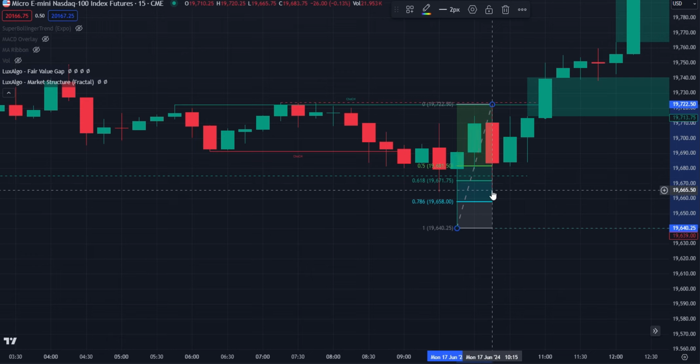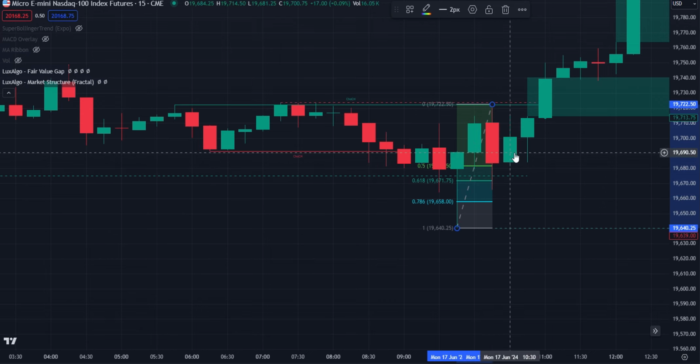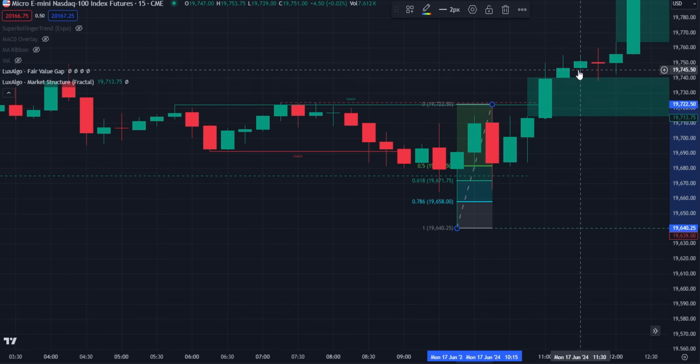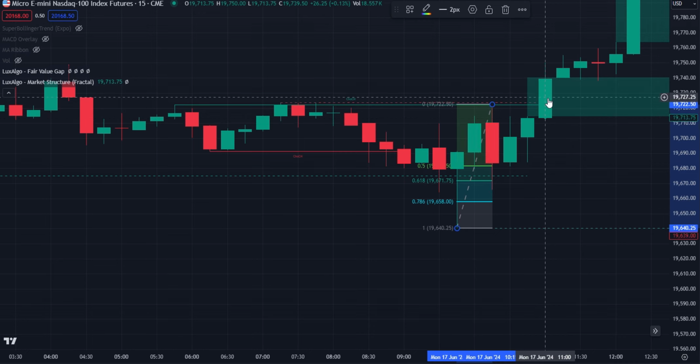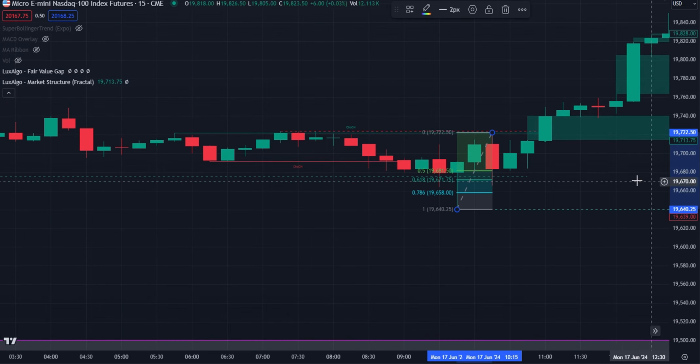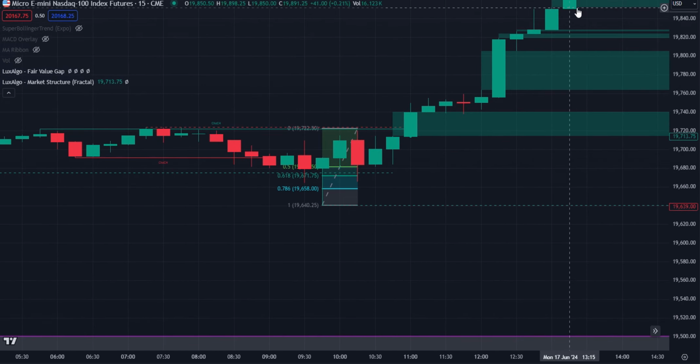So it would have been an optimal place to get into your buy order for this particular trade, because we can see it comes up, closes, and the next bar at 10:30 continues up, and all of the rest of them are continuing up, and they actually invert a fair value gap right here and continue through and up, and we can bring this down, and it just keeps going up from there.